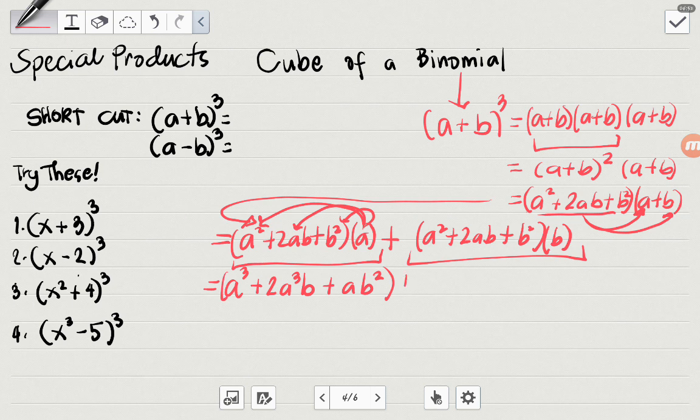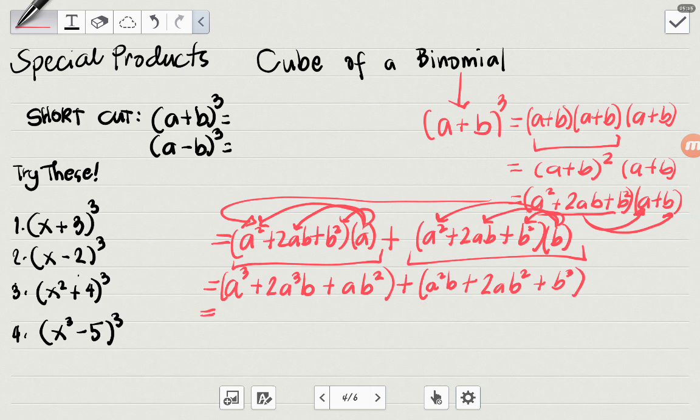Yan yung first term natin plus yung second term. Multiply natin using distributive property. So, sorry. So that's b times a square. That's a square b plus b times 2ab. So that's 2ab square. And b times b square, b cubed.